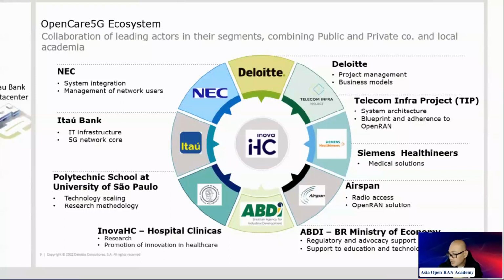And there is ABDI and the Brazilian Ministry of Economy for the regulatory and advocacy support, which supports education and technology promotion. The ABDI is the Brazilian Agency for Industrial Development. The Innova HC, Hospital das Clínicas, is for research and promotion of innovation in healthcare. And of course, the Polytechnic School at the University of Sao Paulo, which includes the technology scaling and the research methodology.